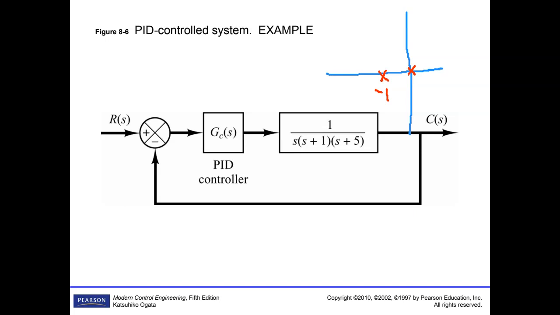Minus 5 does not affect the system. These two are dominant poles, these two, and the curve is going to be something like this.